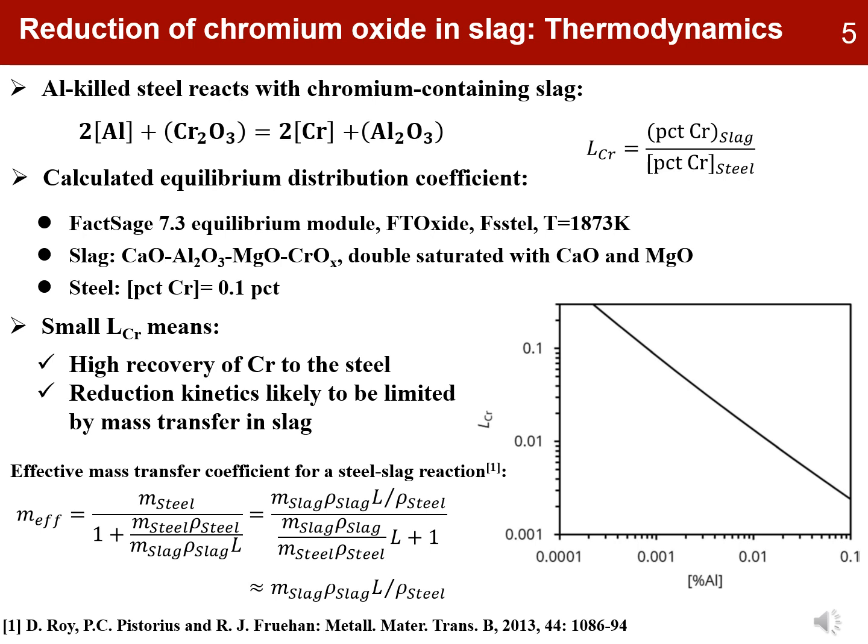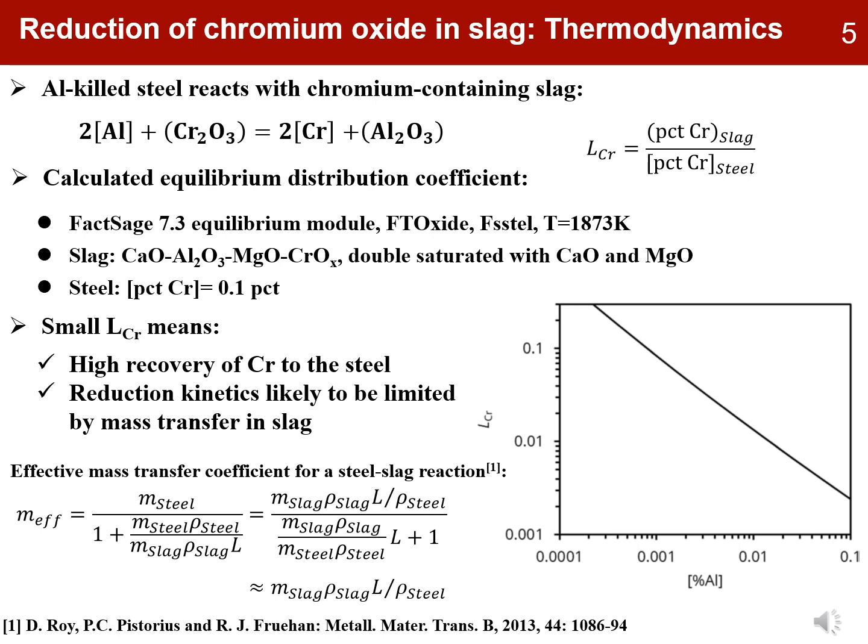we use FactSage to do the equilibrium calculations between the steel melt and the ladle slag. The target chromium in the steel is 0.1%. As we can see, the calculated equilibrium distribution coefficient of chromium between the slag and the steel is quite small, which means we can achieve a very high recovery of chromium.